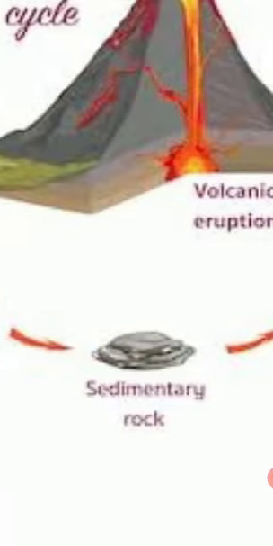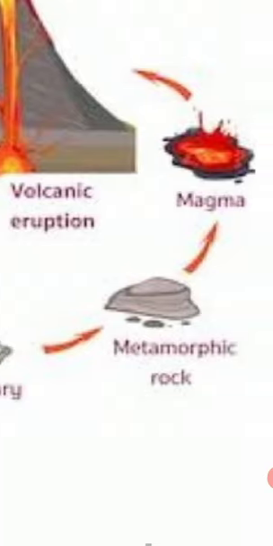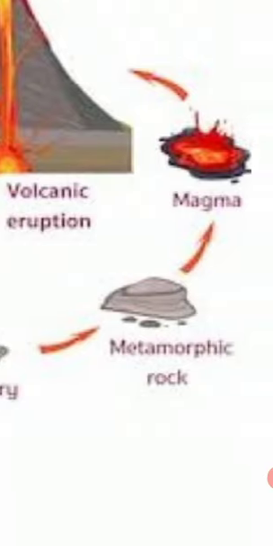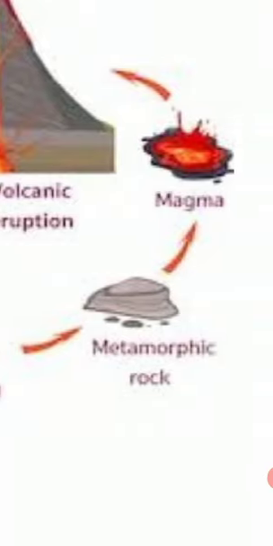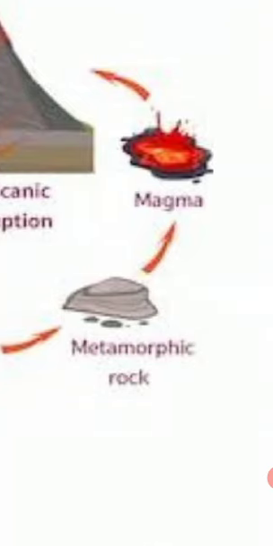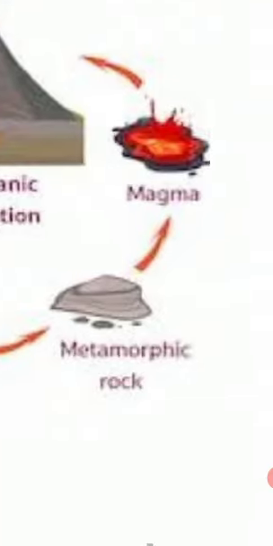So these sedimentary rocks and these igneous rocks change into metamorphic rock under great heat and pressure. After these metamorphic rocks are formed, they are still under great heat and pressure, and due to this they again melt and form molten magma.